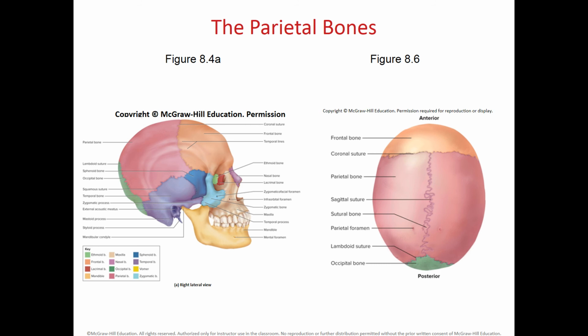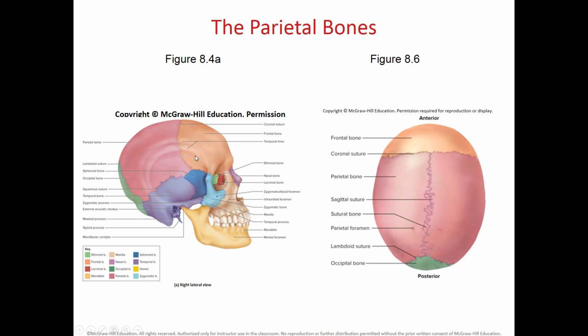The parietal bones, which are these ones here, this is the lateral view and this is the superior view. They don't have that many features. They only have part of these temporal lines that help to connect the temporalis muscle on our temples.